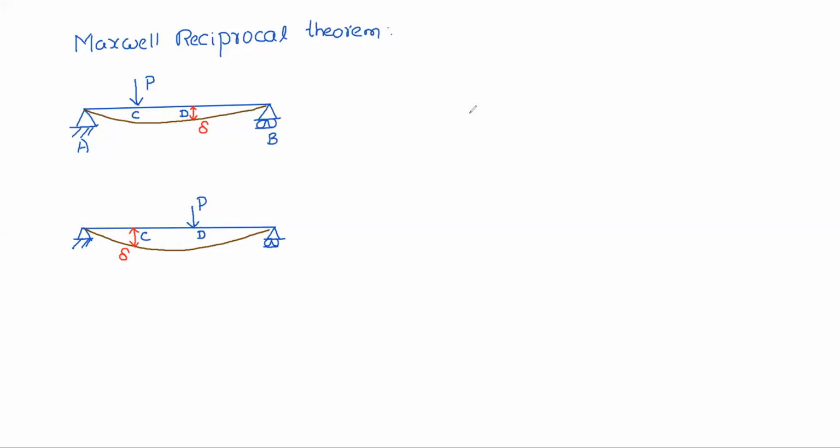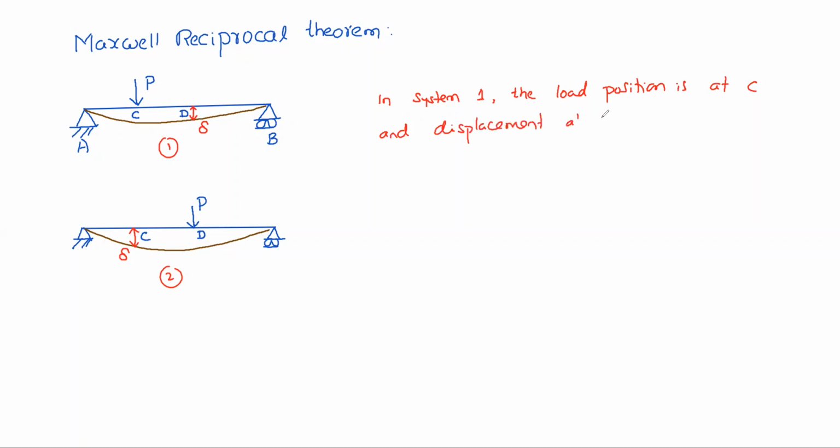Let us assume this is system 1 and this is system 2. In system 1, the load position is at C and displacement at D is delta.